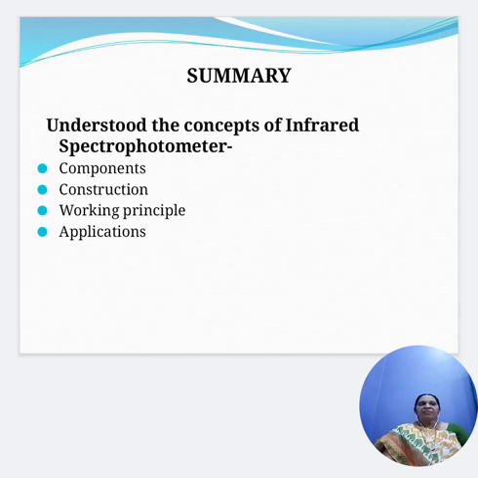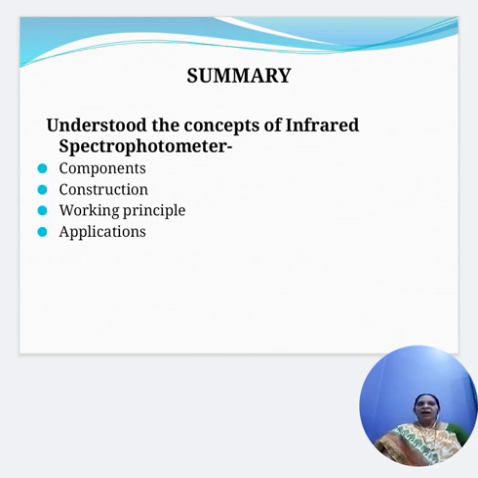The infrared radiation source consists of an inert solid which, when it is heated electrically to a very high temperature of 1500 Kelvin to 2200 Kelvin, begins to emit infrared radiation. Among the various radiation sources, there is the Nernst glower, which emits radiation when heated to a temperature of 1200 to 2200 Kelvin.